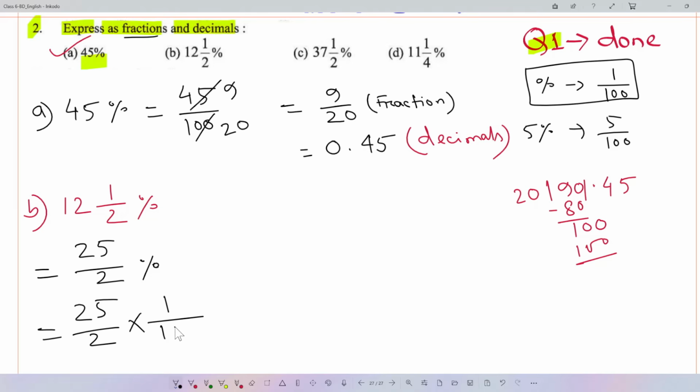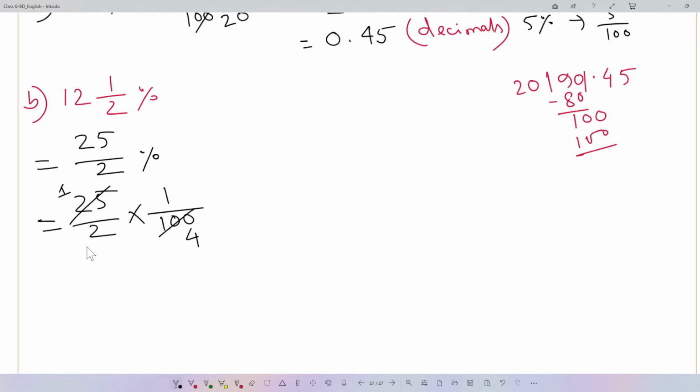This 100 we can divide by 25. So here is a 1, and here is 4, right? 4 times 25 is 100. So here is 1 by 8. This is our fraction part. Now we will convert to decimal.